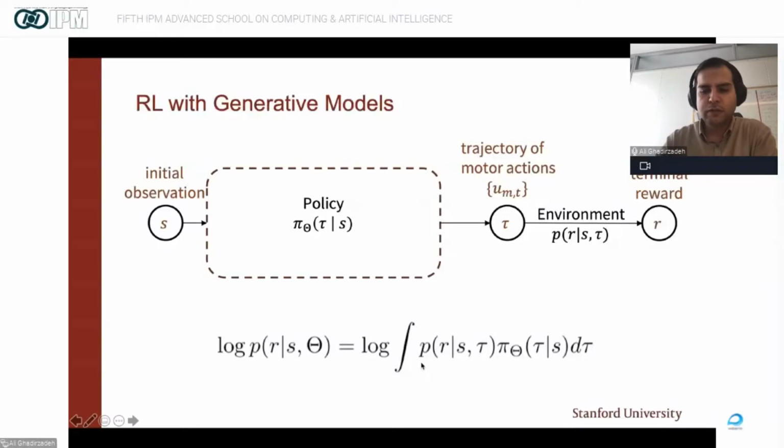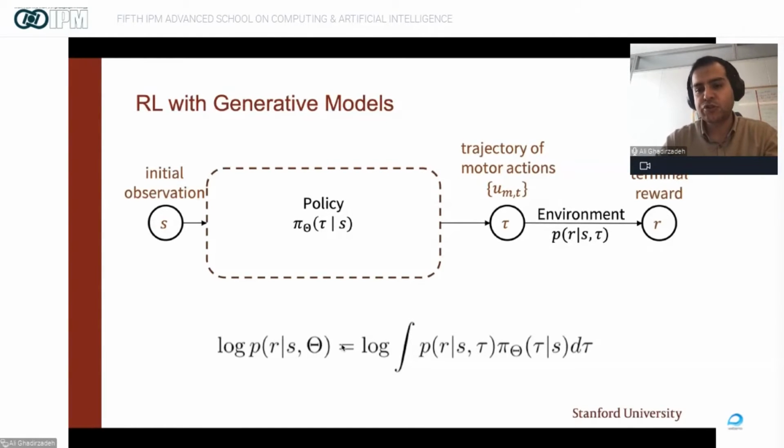If you look closer at this expression, you will see that we have a probability over reward conditioned on the state and the trajectory, and then a policy distribution over this trajectory conditioned on the state. Okay, we want to maximize this expression using theta, but there are some problems here.